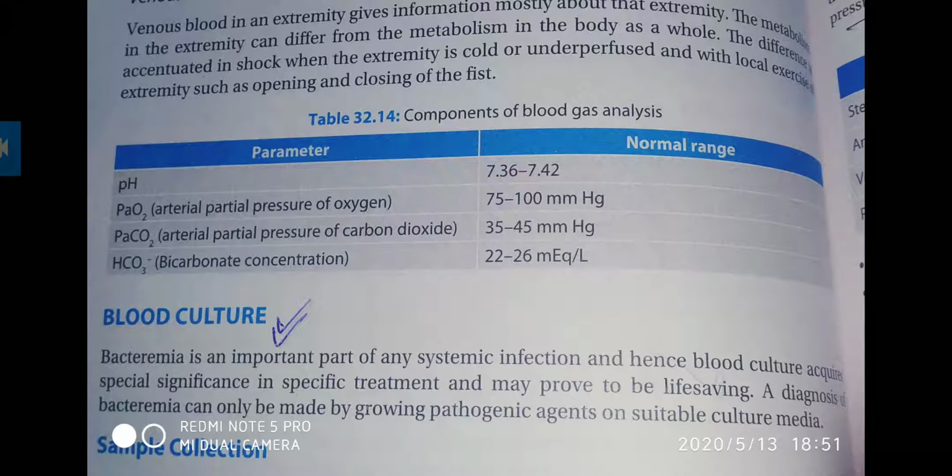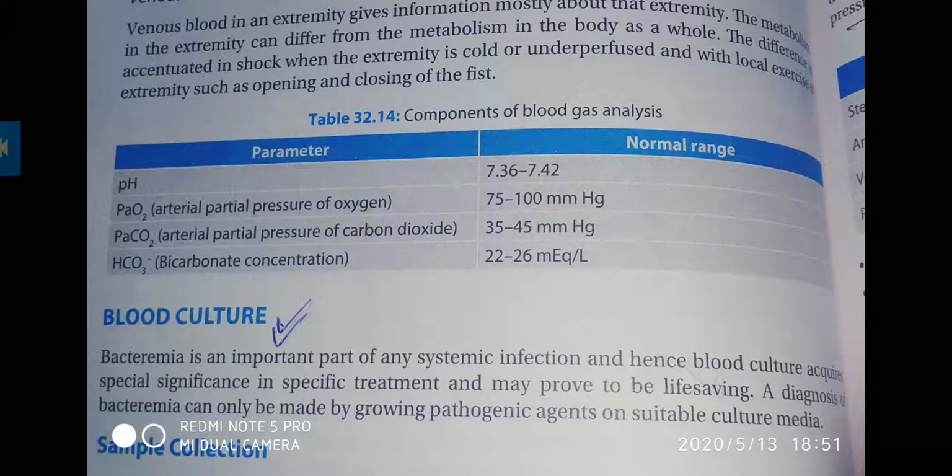Now we are going to deal with blood culture. What is blood culture? Bacteremia, that means presence of bacteria in the blood, is important in any systemic infection. Blood culture has special significance in specific treatment and may prove to be life-saving. We take a sample from the blood and do the culture and sensitivity test.